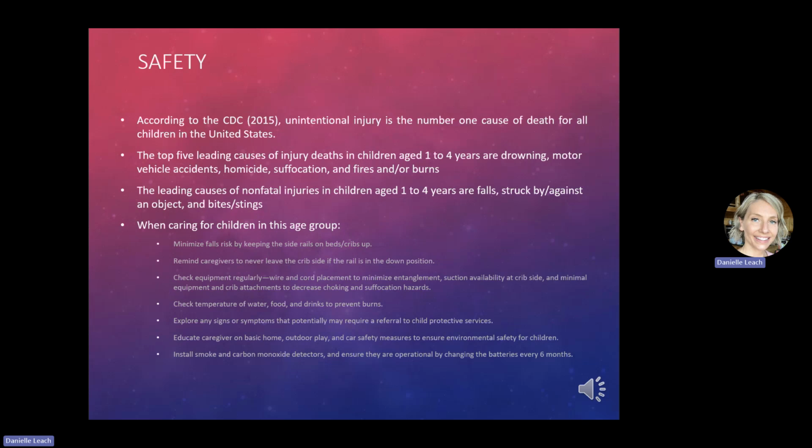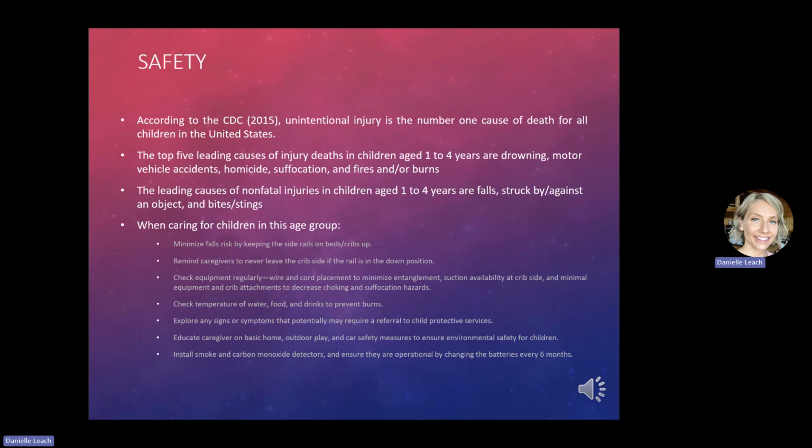So we want to make sure the side rails are all the way up. We want to remind caregivers to never leave the side of the crib down. The cribs in the hospital have a whole side that goes down so we can access it, so we want to make sure that moms, dads, and other caregivers know to put that back up when they're walking away from the crib.